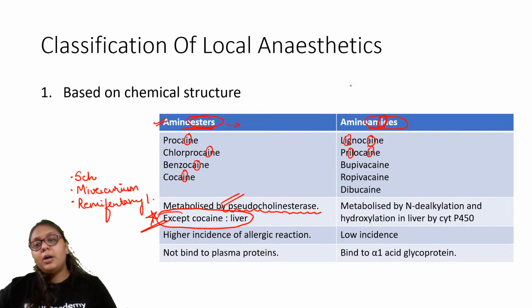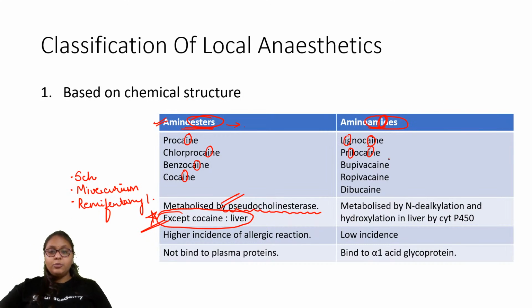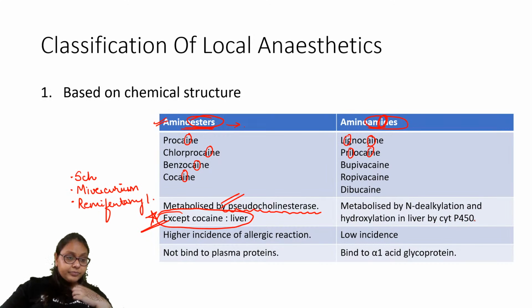Whereas the amides are metabolized by N-dealkylation and hydroxylation in the liver by cytochrome P450. So esters are metabolized by pseudocholinesterase, and amides by N-dealkylation and hydroxylation in the liver by cytochrome P450.